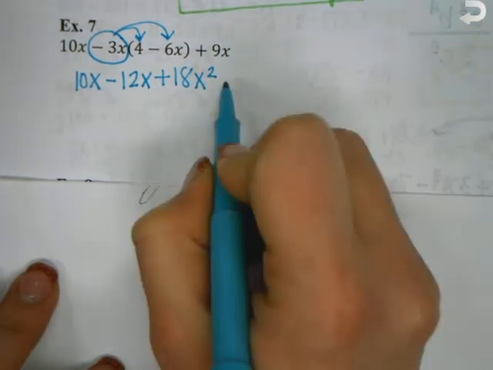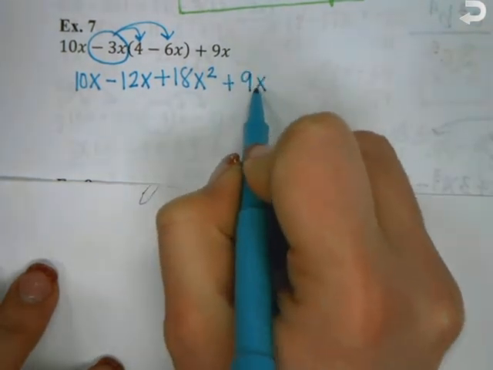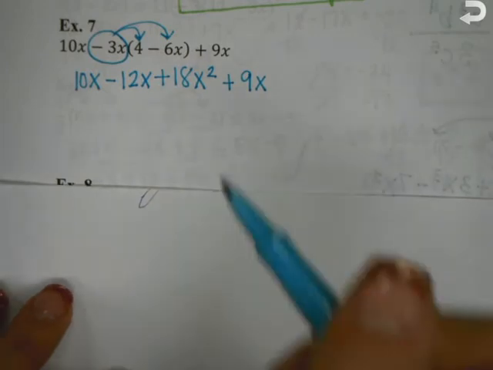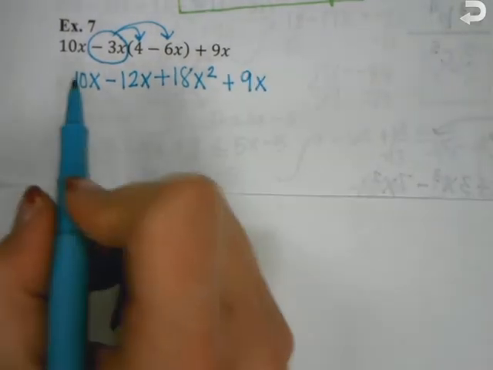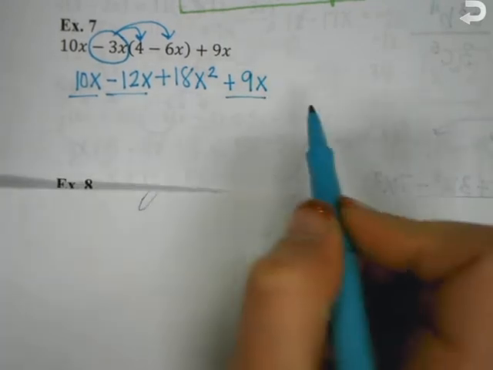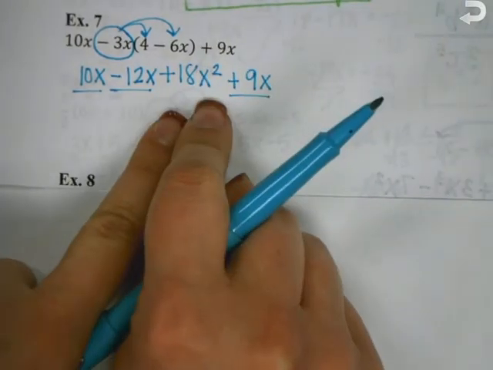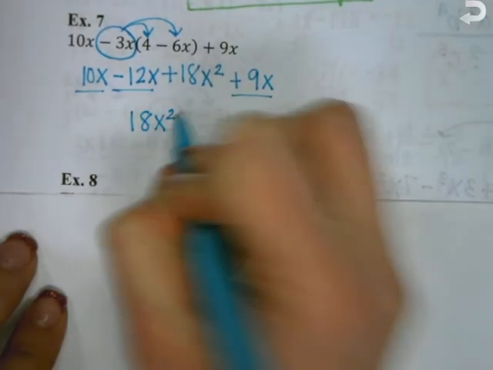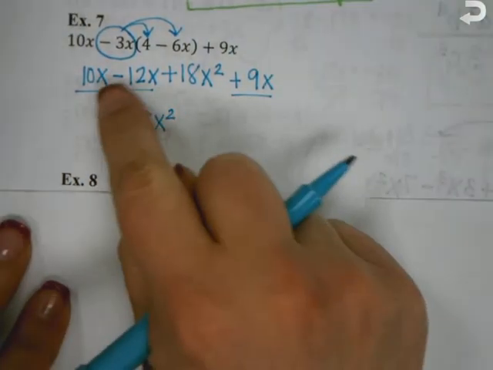Combine like terms. Where are my like terms here? 10x, negative 12x, and 9x. I like to put the x squareds in front though, right? So let's put the 18x squared in front. And then what is 10x minus 12x? Negative 2x. Negative 2x plus 9x?